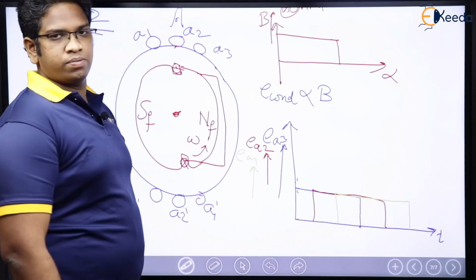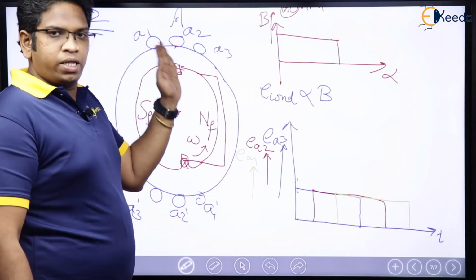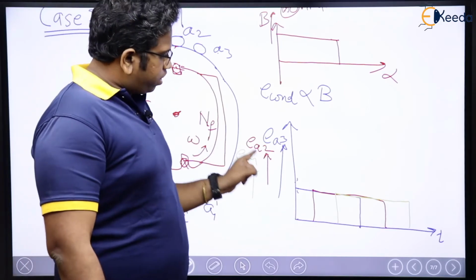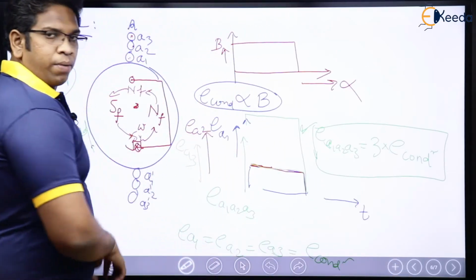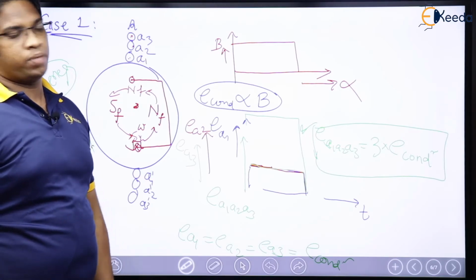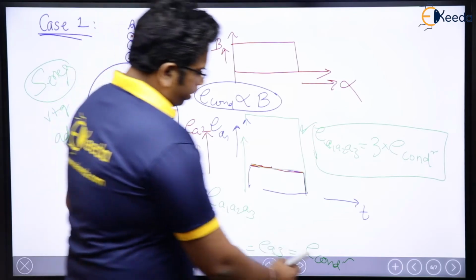Why? Because delayed in space. First A3 will come maximum, then A2 will come, then A1 will come in space. So similarly in time also, A1 will come, A2 will come, A3 will come. If you think of the previous one, what used to happen? At the same time I used to get A1, A2 and A3 maximum. Whereas now what has happened?